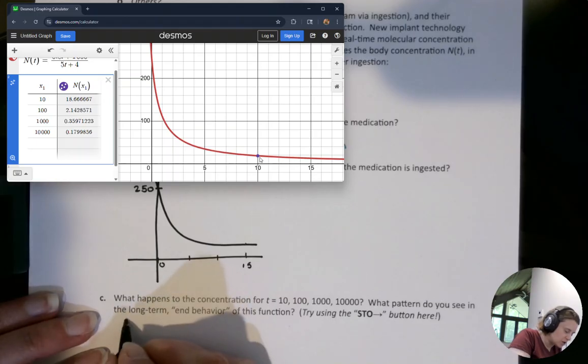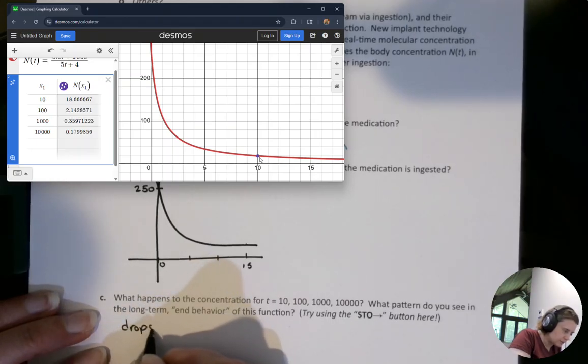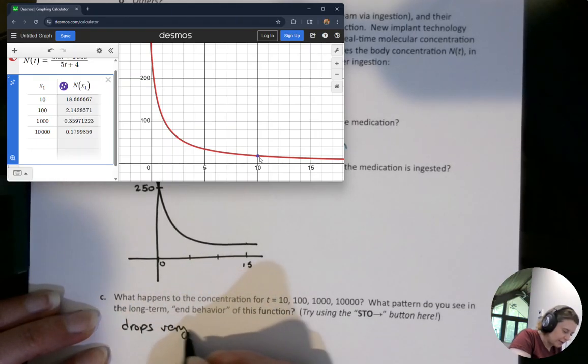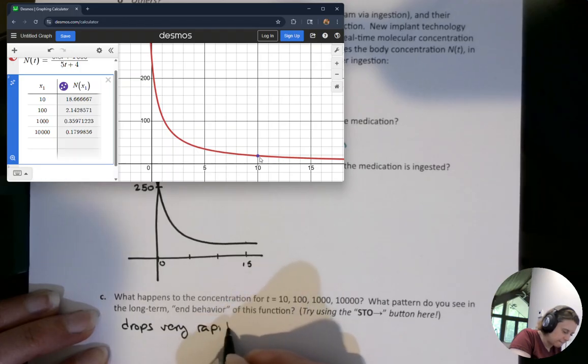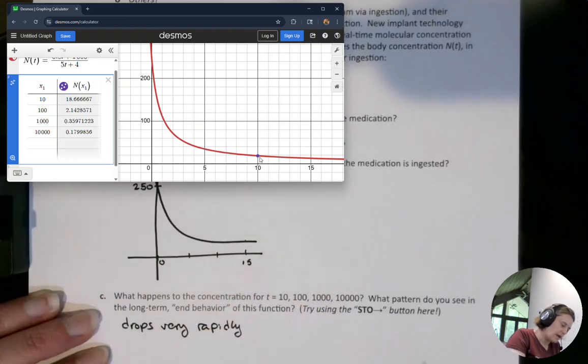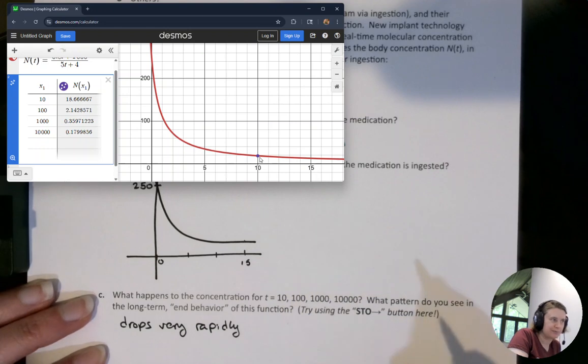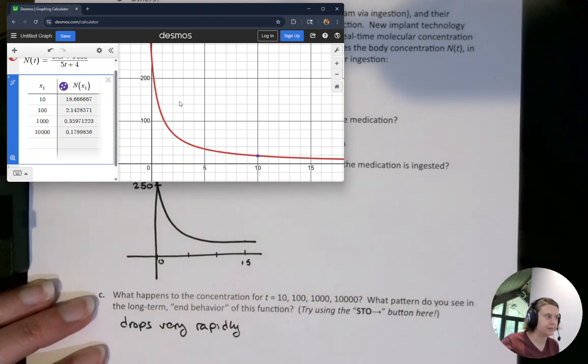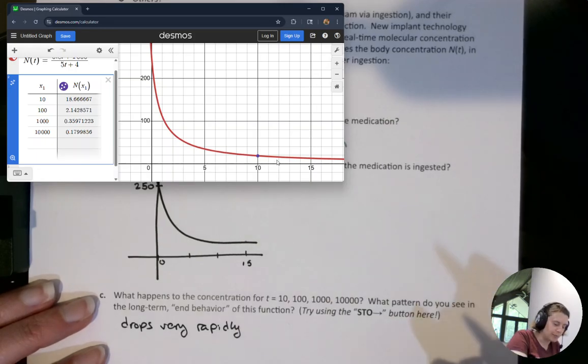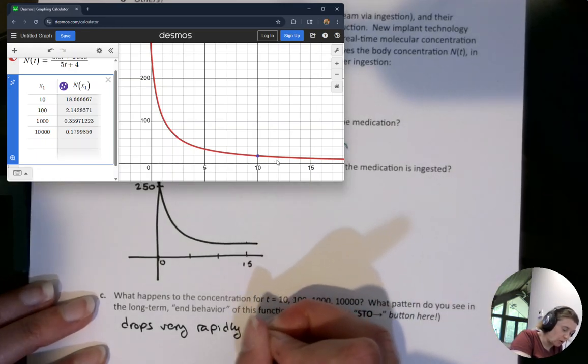So the medication drops very rapidly at the beginning. So for the first, say, 2-3 hours, it drops very rapidly. And by 3, 4, or 5 hours, it already started to slow down. So it drops very rapidly early on.